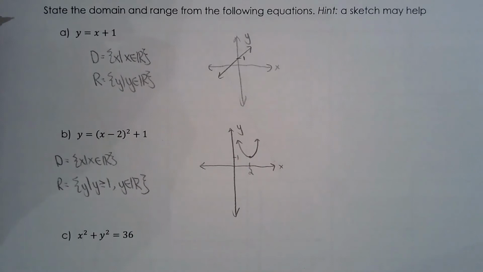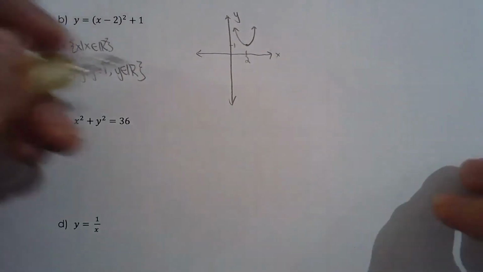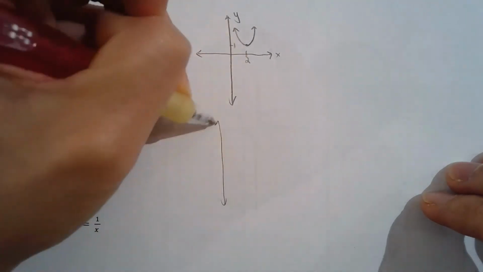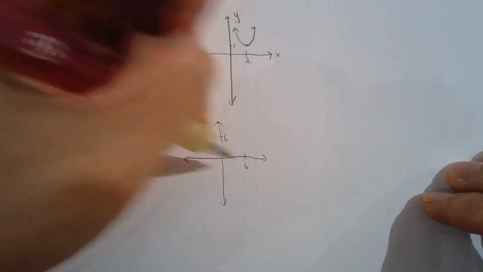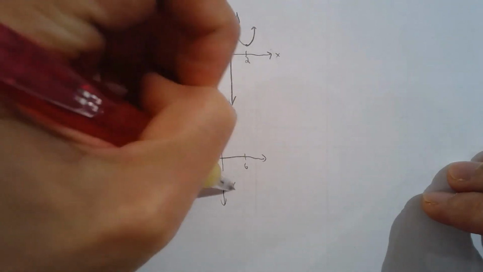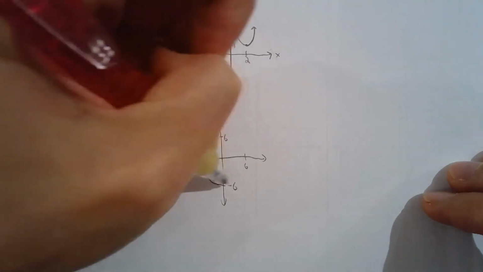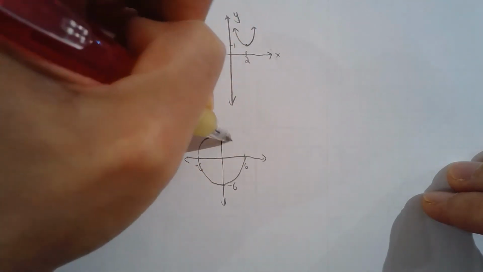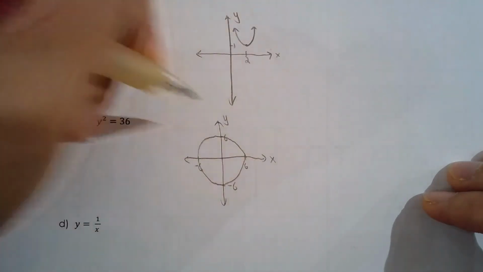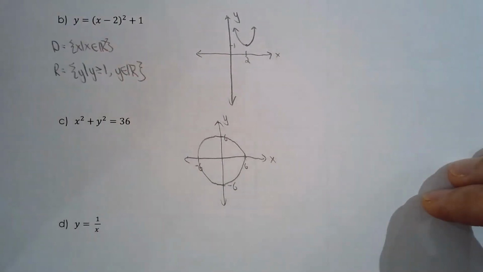Okay, x squared plus y squared is 36. Okay, so for this one you remember, we have a circle, and everyone knows I'm horrible at drawing circles, but alright, that would do. Okay, so more importantly, what's the domain and range?